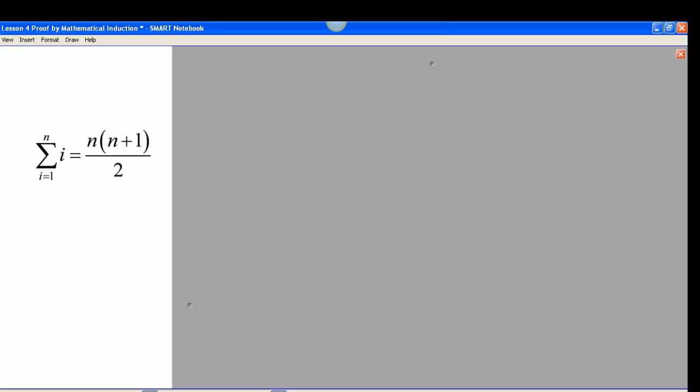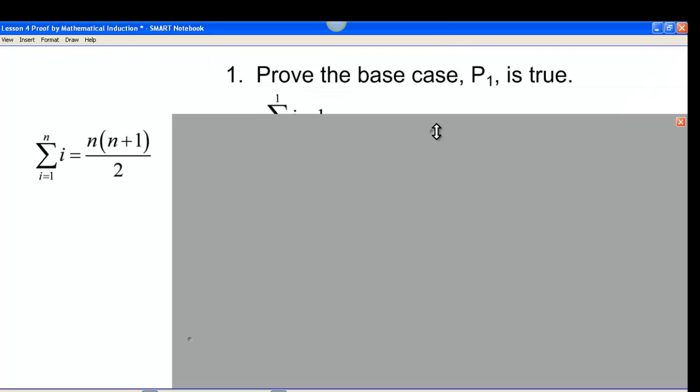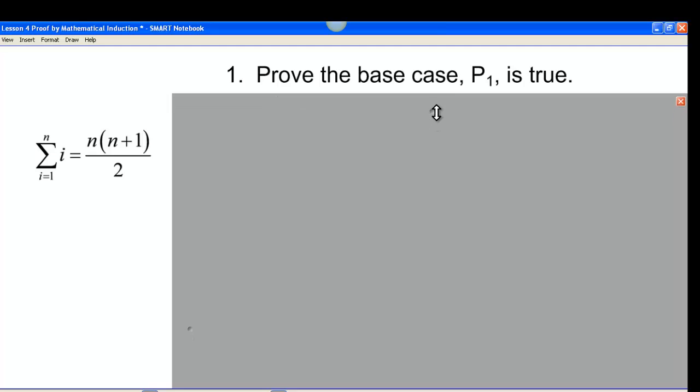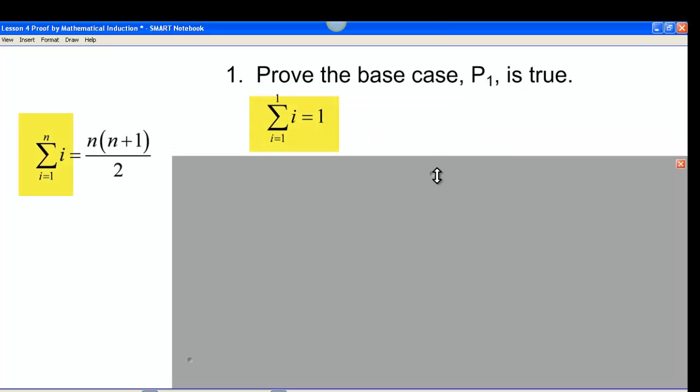So here we go. Our first step in proving that the partial sum is equal to n times n plus 1 over 2, we have to prove the base case is true. So to prove the base case is true, we prove this for the first term. So my first term in this case is 1. The sum from i equals 1 to 1 of i is simply 1.